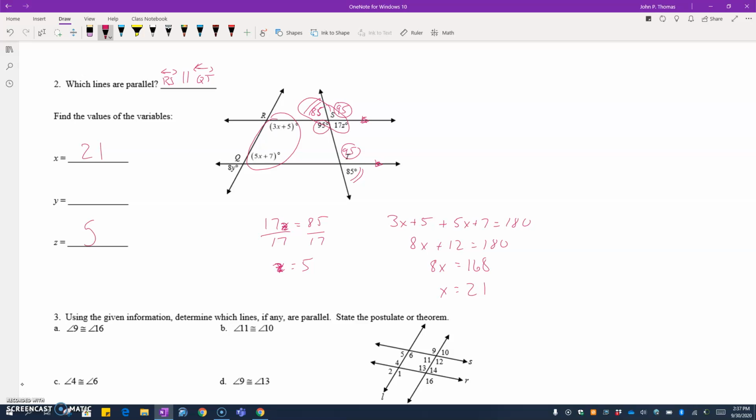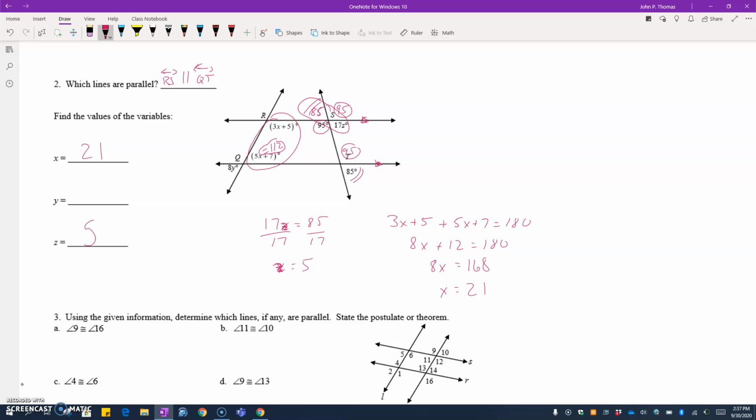Once I know x, that allows me to find either one of those angles. So I'm going to use the bottom angle down there, 5 times 21 plus 7, which gives me 112. Now, this is another example where it's really obvious that we should not use a diagram to make assumptions about the size of an angle. They're often not to scale.